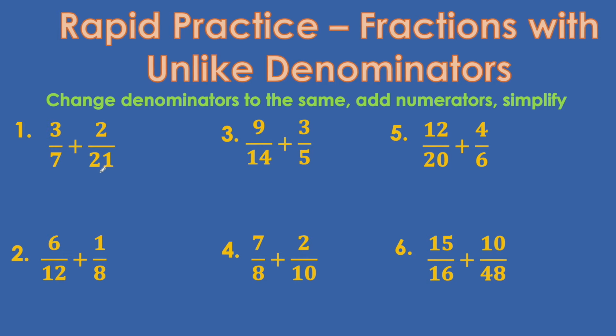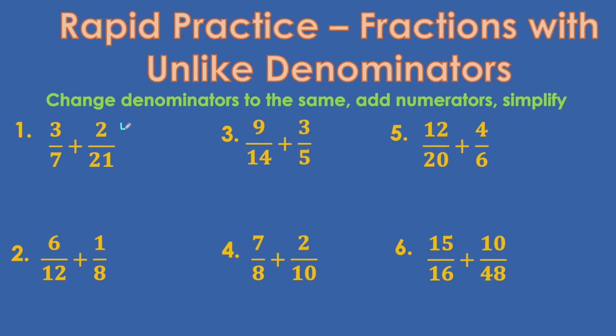It's always easier to look at the larger denominator and see if the other denominator is divisible into it. So we're going to look at 21 first because 21 is larger than 7. Then you think, can 7 go into 21? Which it can, so that means that that is our least common multiple.